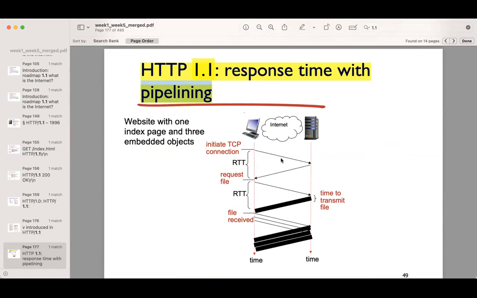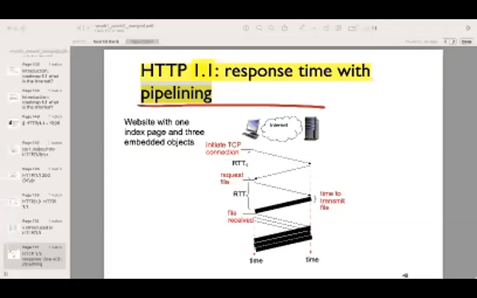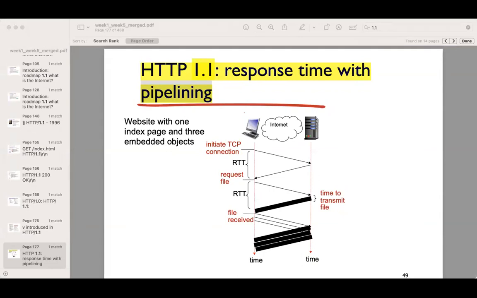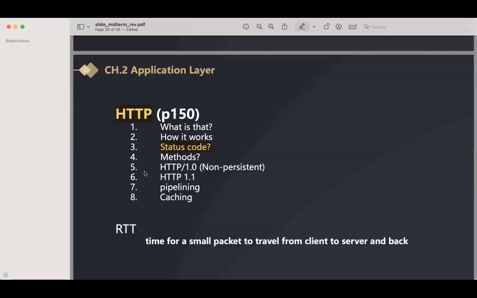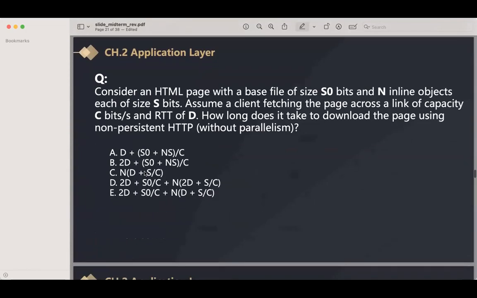So now we can come back to the slides and try to answer the questions here. Try to answer this one. This one is one of the quiz questions, but it's a bit hard to understand. So try to answer this one.